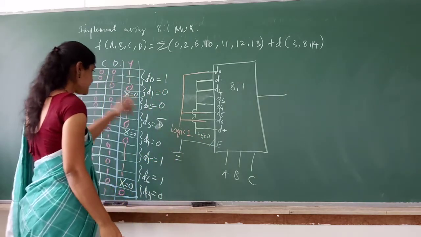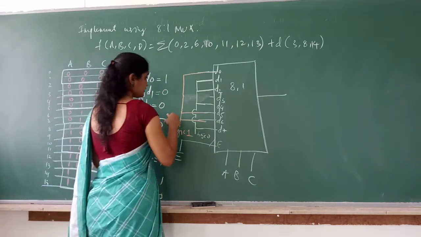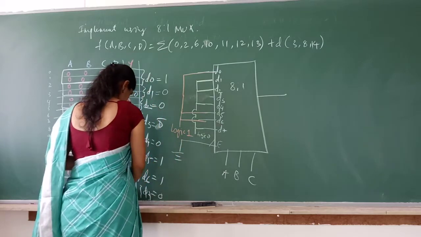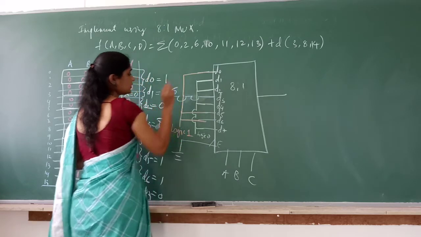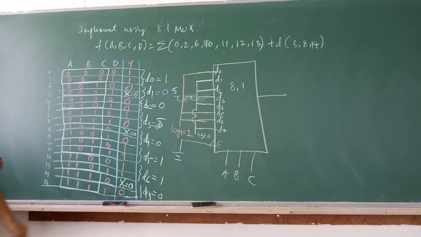Then that's all. D3 is D bar. Okay. So this is the implementation when we have a don't care term in the function.